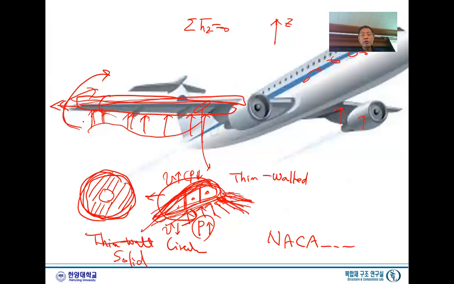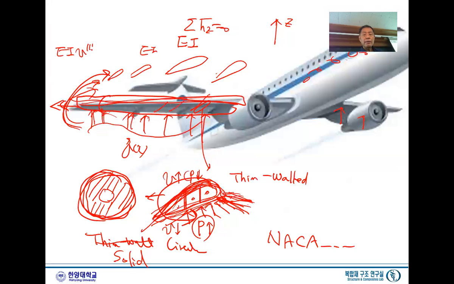And this will cause a bending moment. So at each cross-section, here you have cross-sections, and for each one you need to calculate EI. And this is Q(x). So all you need to do is solve EI v four times derivative equals Q(x).